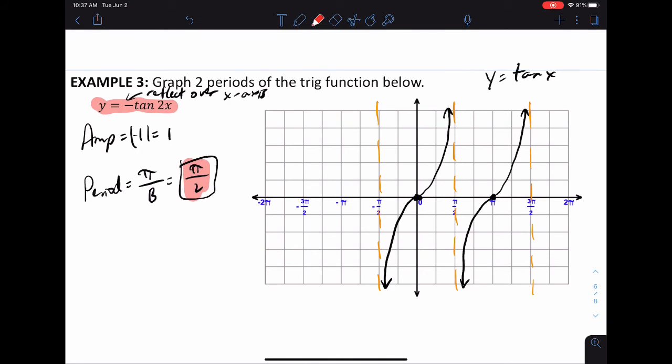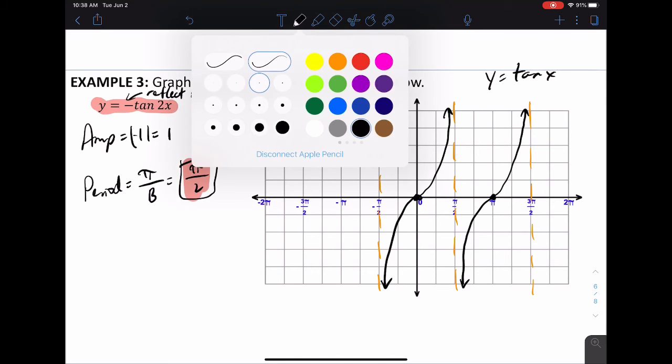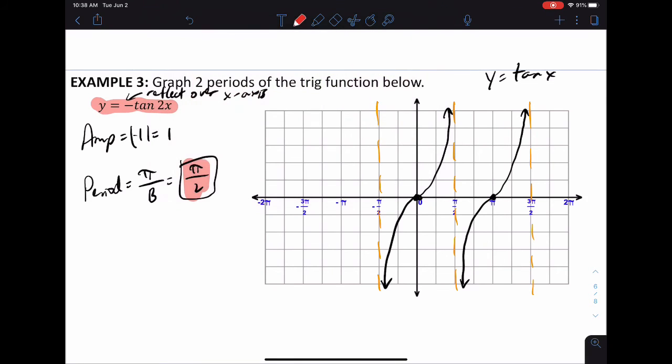So the period is going to be even shorter because the distance from here to here is a full pi, but what this is saying is the distance needs to be even less. So the asymptotes are going to get closer together, I should say, not shorter.